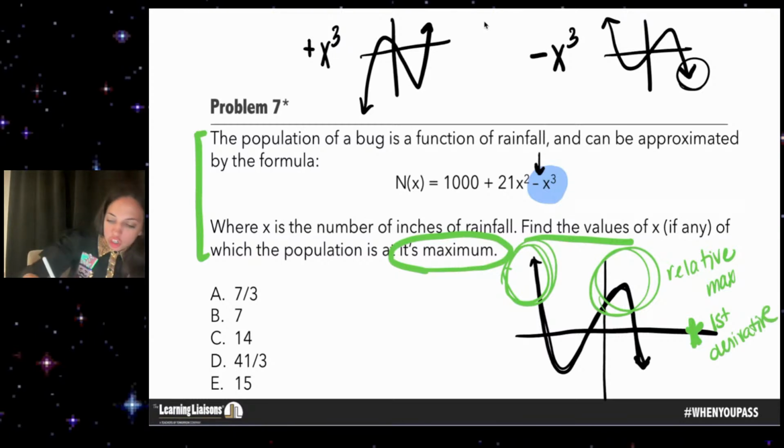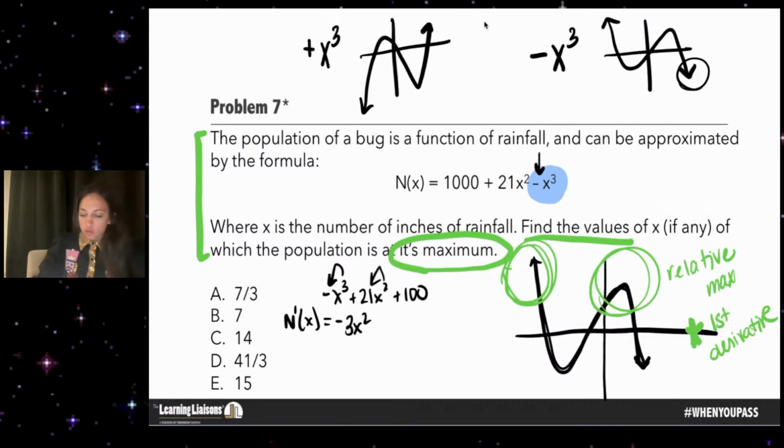So to find the first derivative of n of x, I'm going to drop the 3, negative 3x squared, drop the 2, 21 times 2, 42, and then that goes away, right?